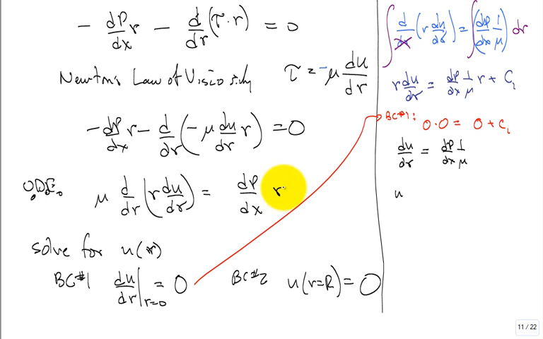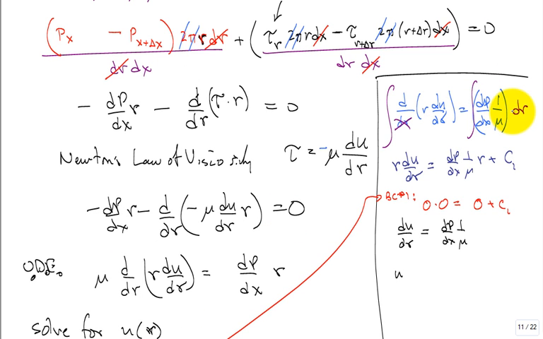There's my r. So right here, this r became 1/2 r squared. Still the c1 is 0, but I pick up the 1/2 r dr, so one of these r's canceled like that.